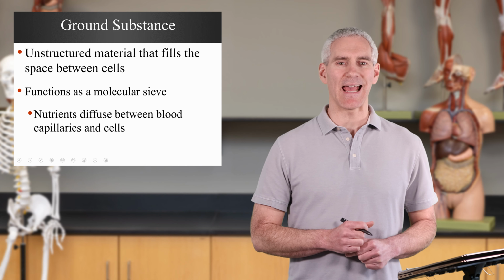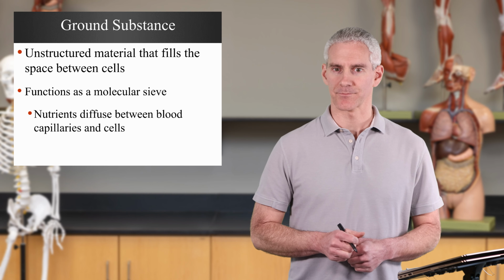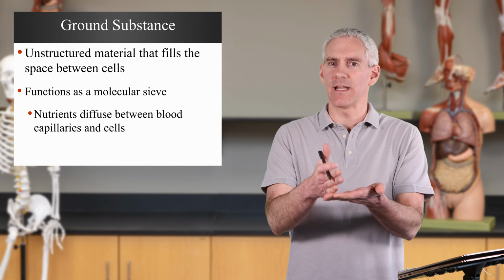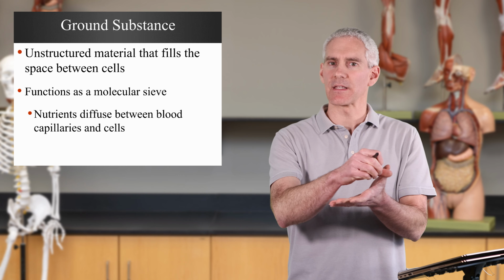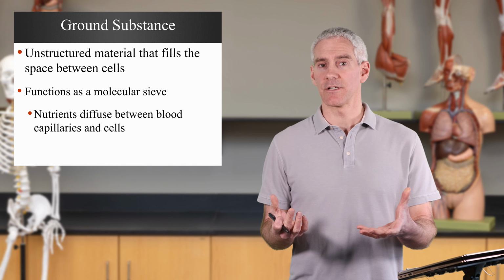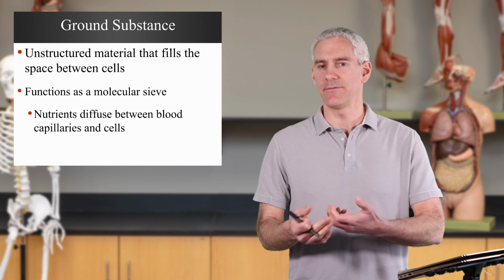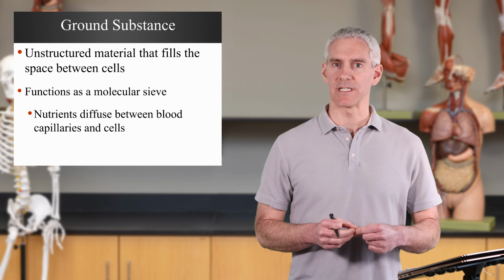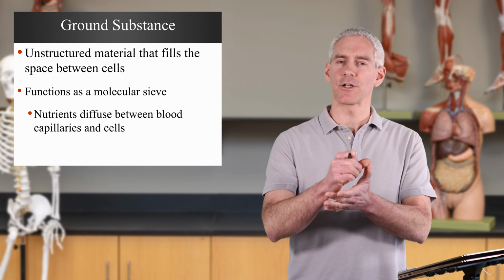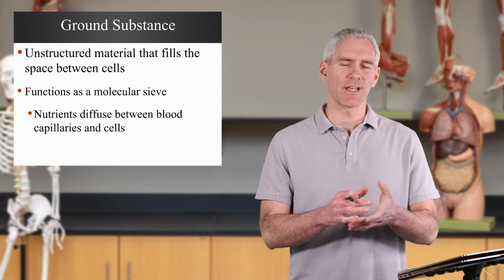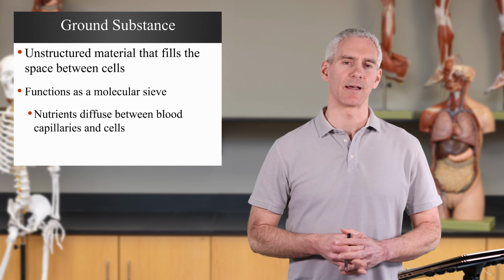But it's functioning as a molecular sieve. Basically, think of a mesh network. It helps to filter things going through. Larger materials take more time to get through, if they can even fit through. Smaller materials, well, they can fit through very quickly. So it's kind of functioning as a sieve, on the basis of sorting by size.